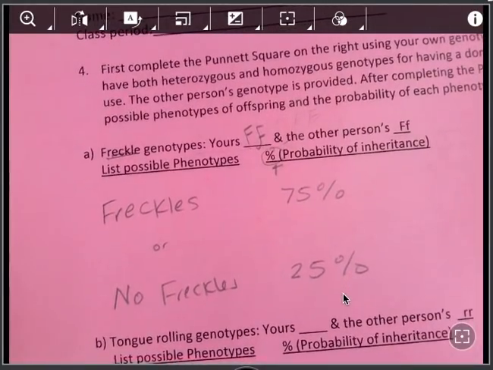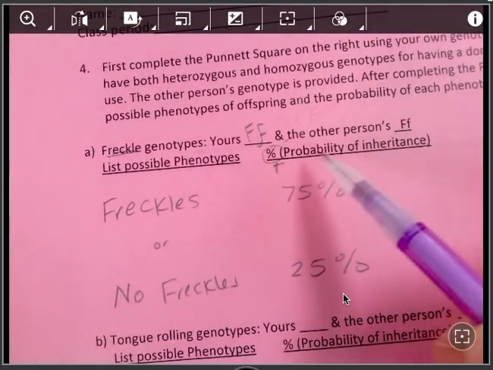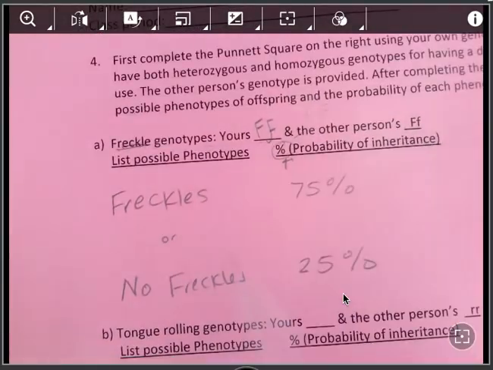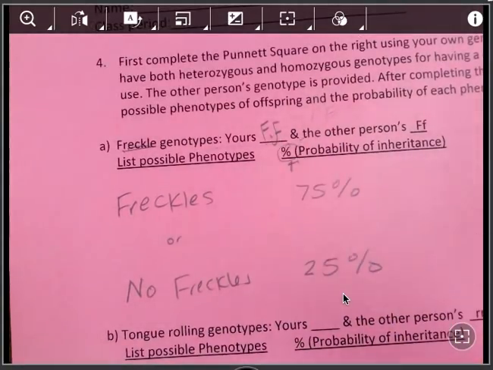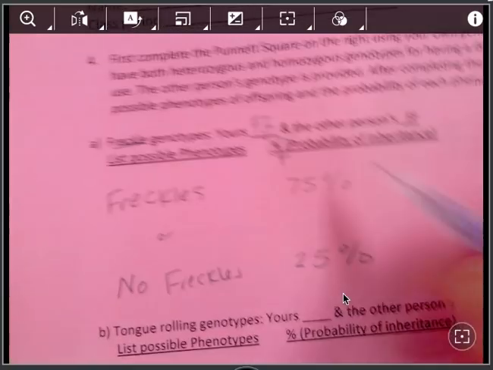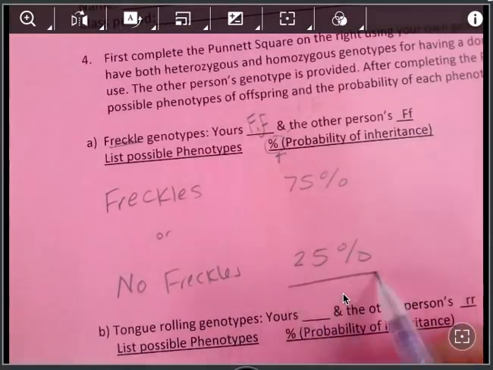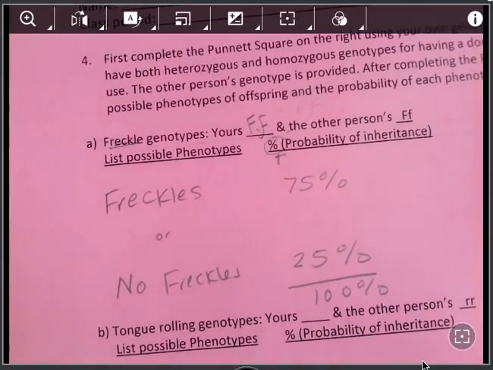Now again, these numbers, probability, and the types of phenotypes will vary depending on your genotype. Okay, so yours possibly won't look like everybody else's. These numbers should add up to 100% though. You can always check your math there.